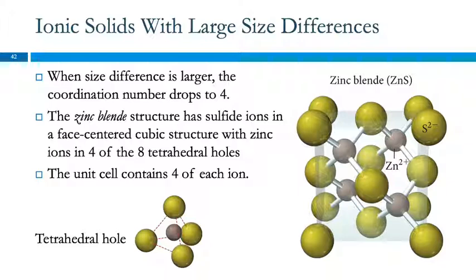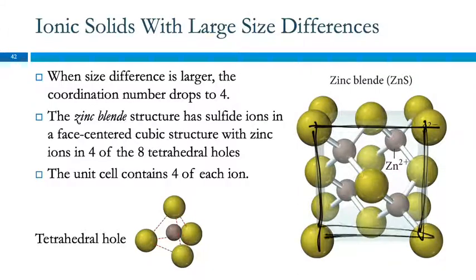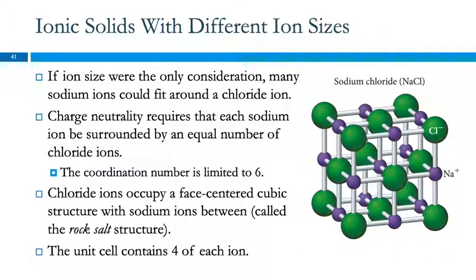And again, let's try to look at just the yellow spheres. And what kind of a thing do we have going on here? It's still face-centered, right? The difference between this one and the previous one, though, is where the other ion is.